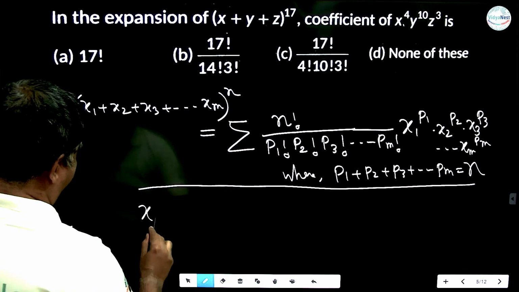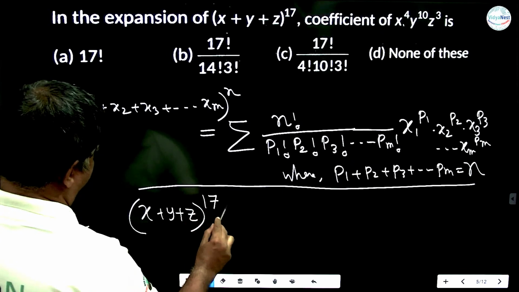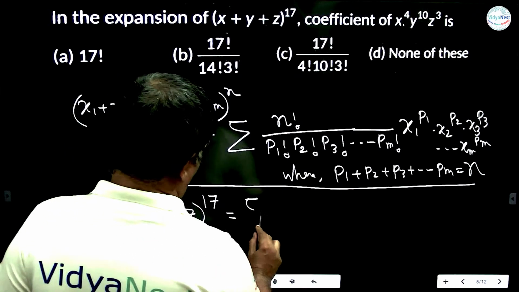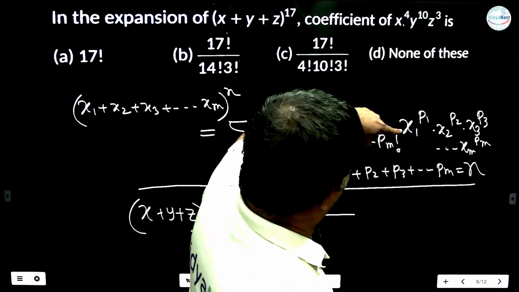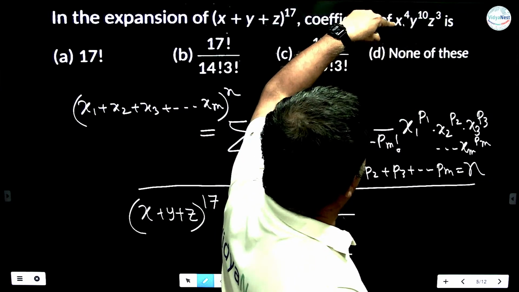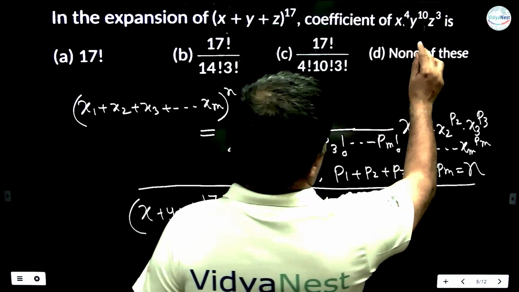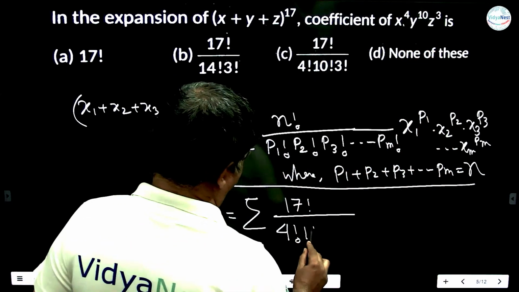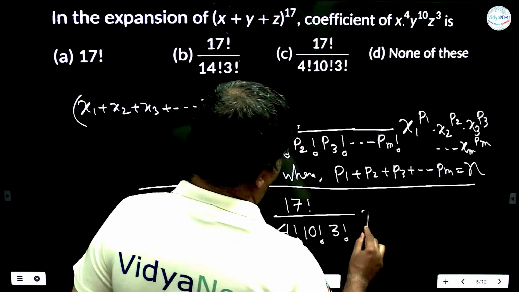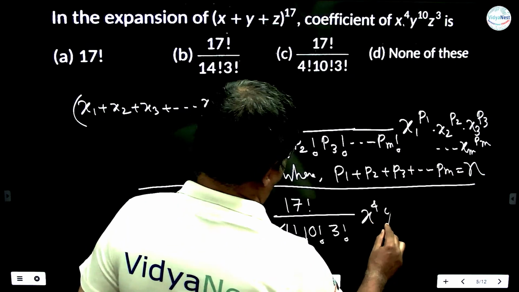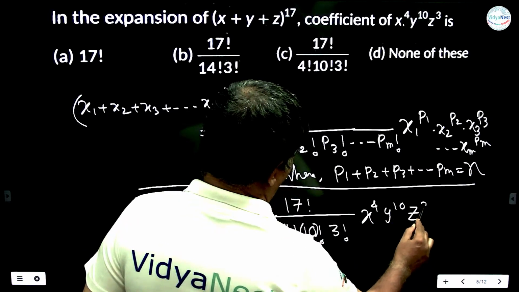So I can write summation of factorial 17. Here x1 repeats p1 times, so x repeats 4 times, factorial 4. y repeats 10 times, factorial 10, z repeats 3 times, factorial 3, x to the power 4, y to the power 10, z cube.